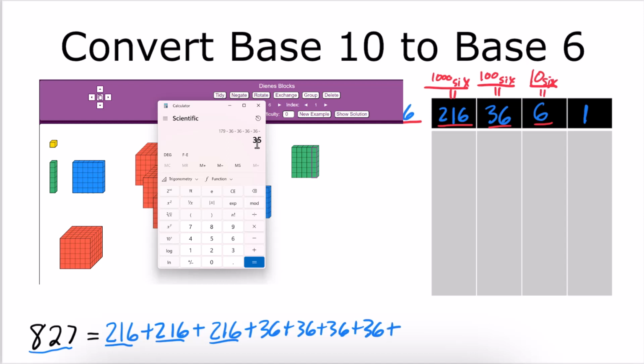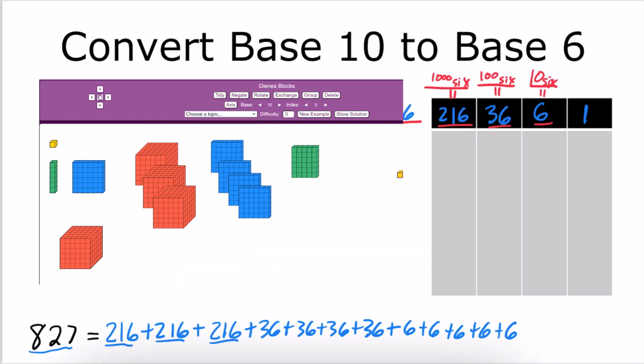So I'll write down that I have 1, 2, 3, 4, 5 6s. And when I subtract those 5 6s, that leaves me with 5 1s.